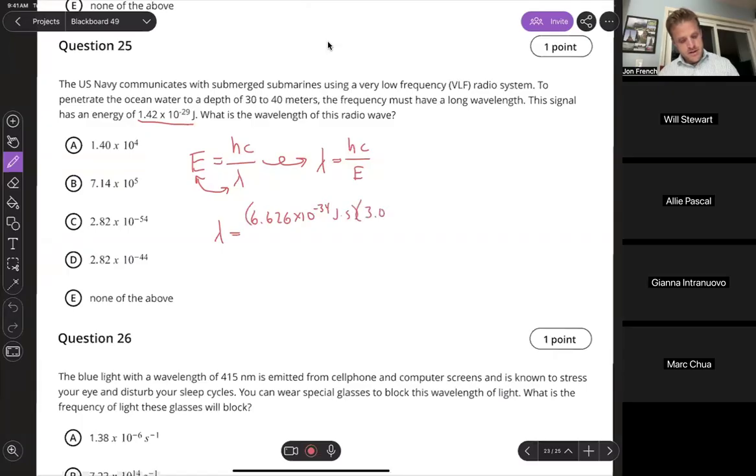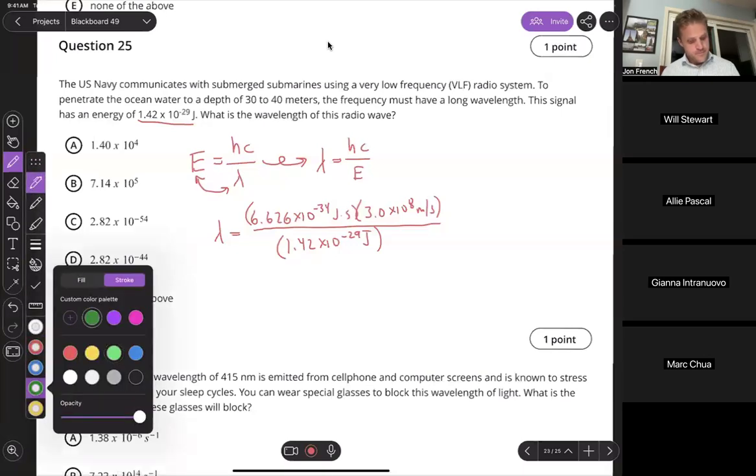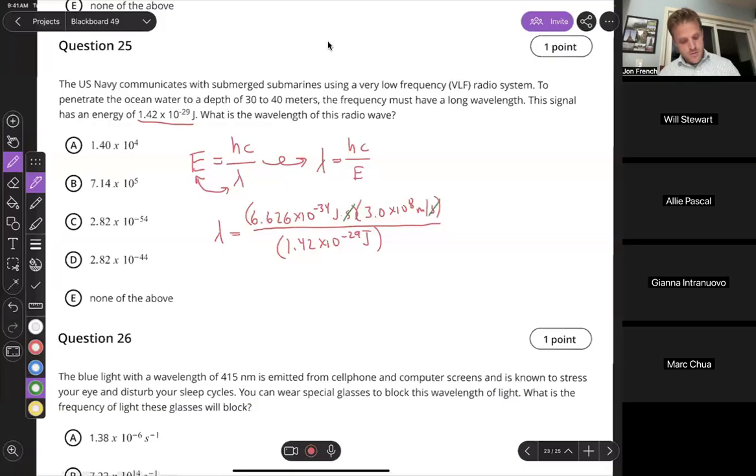Speed of light, 3 times 10 to the 8th meters per second, all over my energy, 1.42 times 10 to the minus 29 joules. Again, units, right? We take a look. Seconds cancel out when we multiply, and when we divide, joules cancel out.